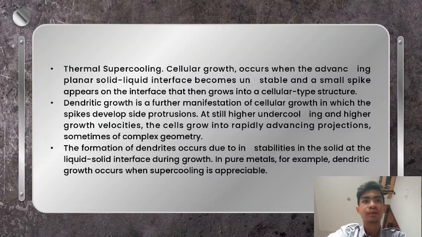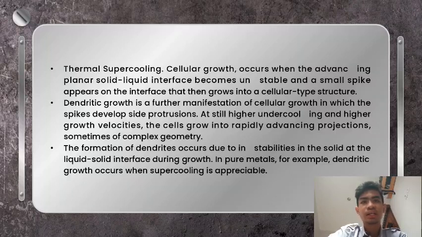Dendritic growth is a further manifestation of cellular growth in which the spikes develop side protrusions. At still higher undercooling and higher growth velocity, the cells grow into rapidly advancing projections, some of complex geometry.